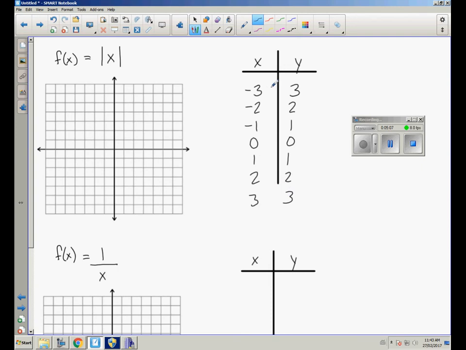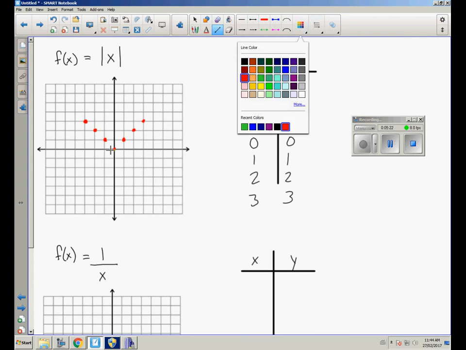So all I'm doing with my x term is making it positive. So I'll go ahead and graph that one. With this graph, you'll notice that we have straight lines this time going in both directions.